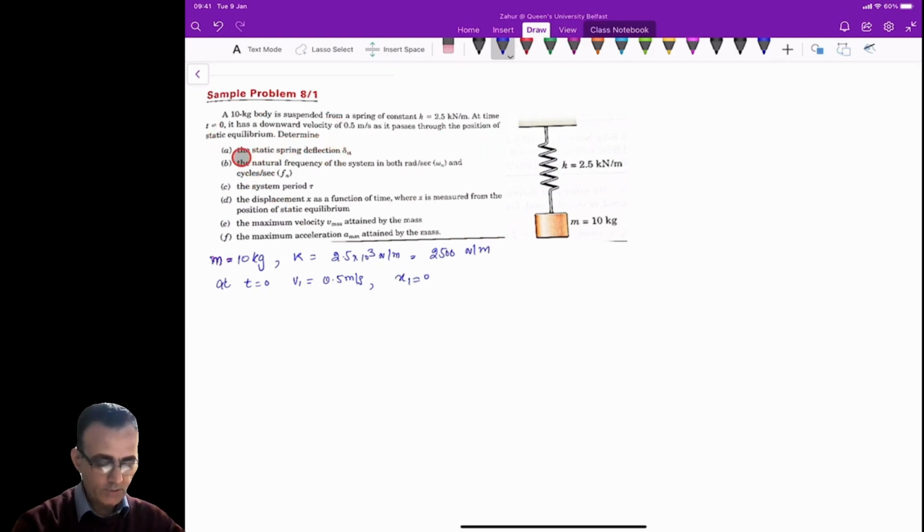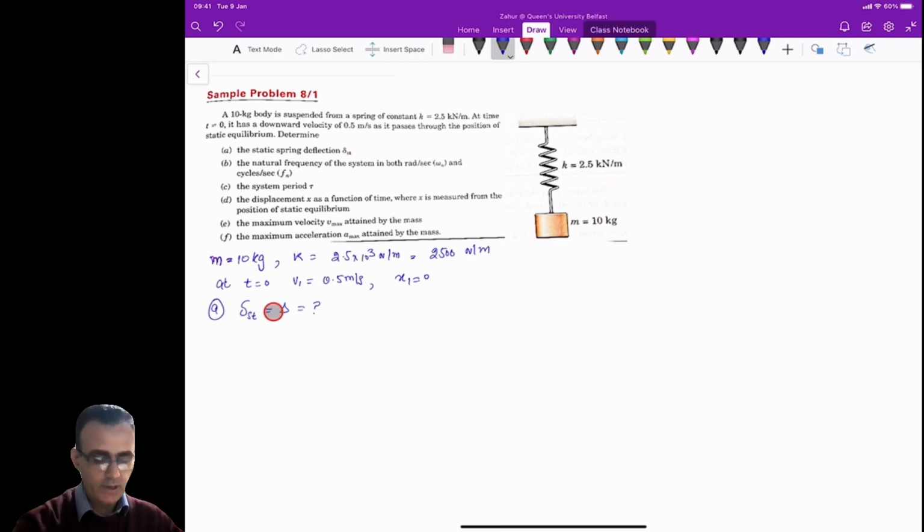Okay, so part A. We need to calculate the static spring deflection. You can represent this by delta static, or by this symbol here. In different books they use different symbols, but the main idea is the same.